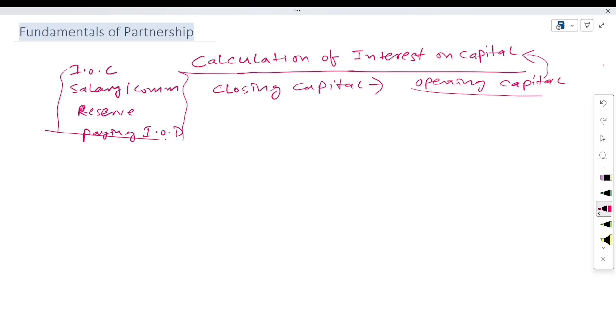On closing capital we cannot calculate the interest on capital. For calculating interest on capital the opening capital must be given, but sometimes it will be missing, the opening capital will not be given in the question.